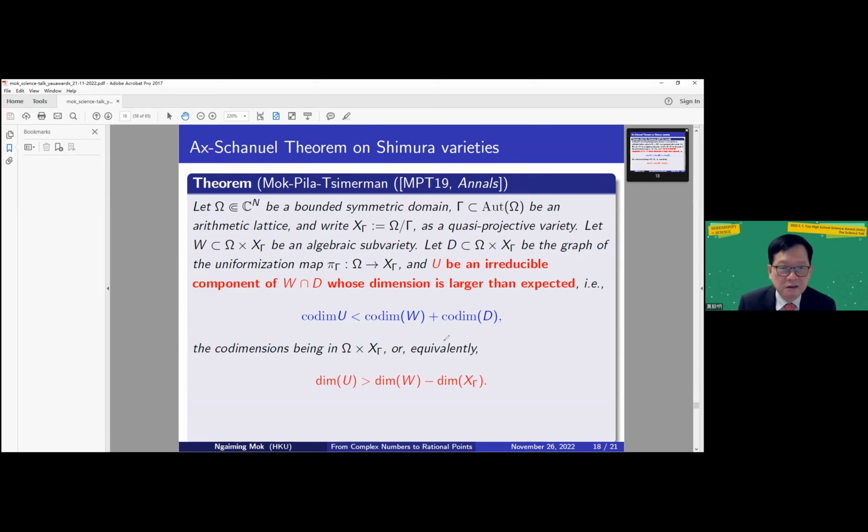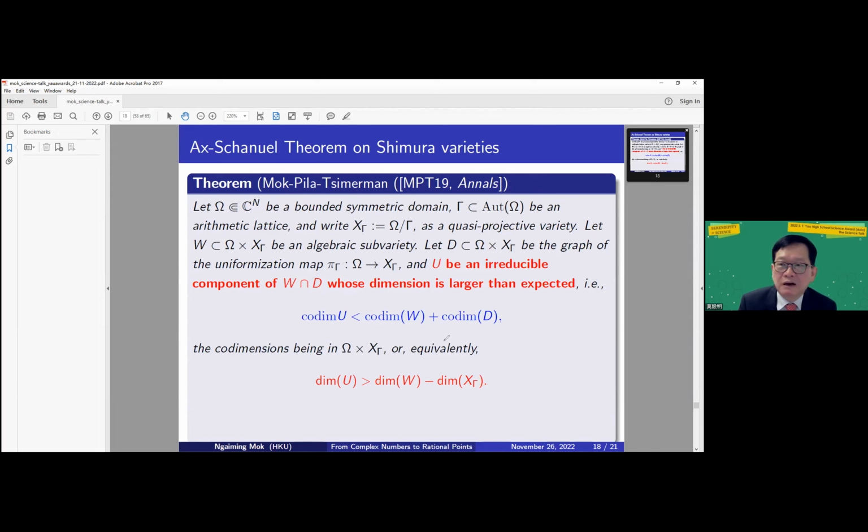You take some algebraic W, which is in the product of omega and the quotient x gamma. And you assume that the intersection of W, the algebraic W, with D, which is the graph of this analytic transcendental map, has excessive dimension, has unlikely dimension, bigger than what is normally expected.